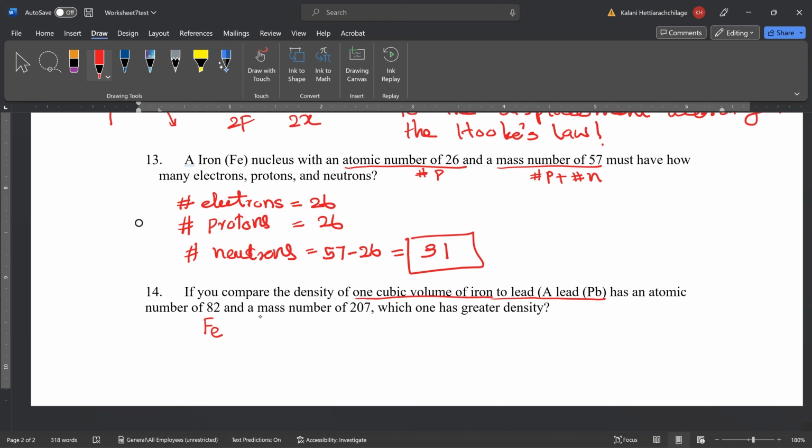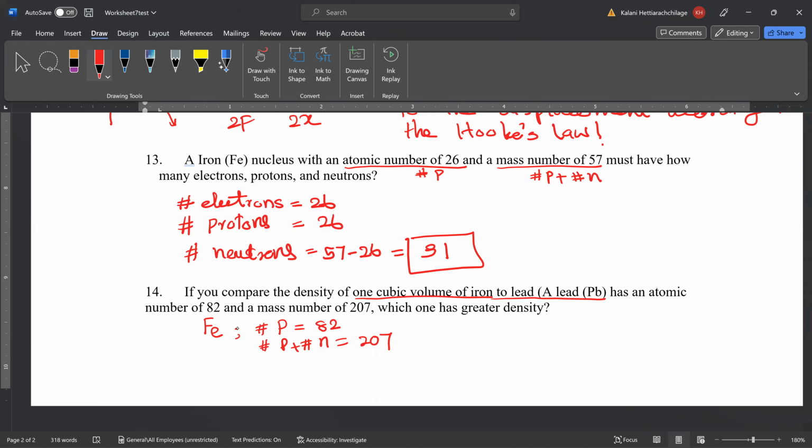Number of protons equals 82, and mass number, that means number of protons plus number of neutrons, equals 207, right? So which one has greater density? None of these matters. What only matters is actually the mass number, 207.